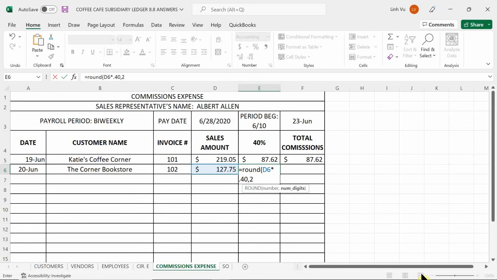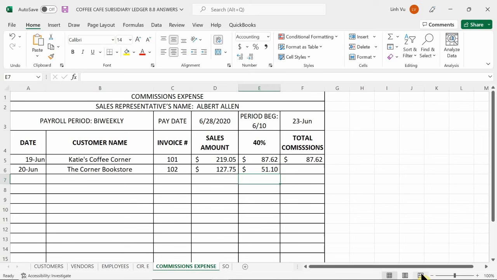Okay, $51.10. So this column here, we're going to add up the $87.62 plus the $51.10 to let me know how much I owe Albert right now. $138.72.